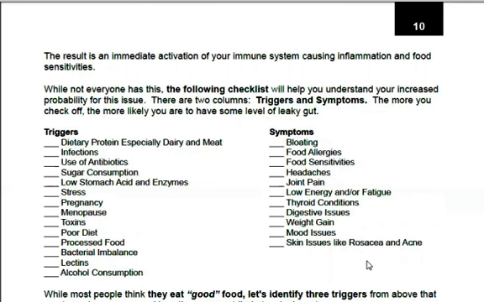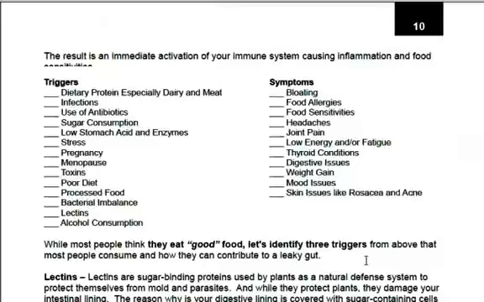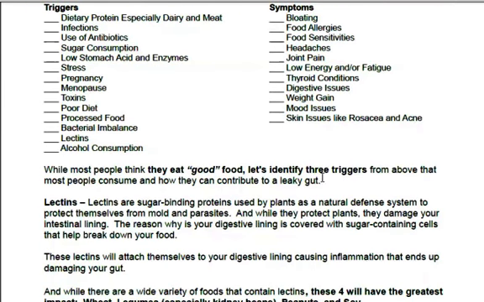that person is experiencing, because the more that is marked off, the greater the probability that they have some level of leaky gut. And so what we do is we help them understand how 3 triggers, we don't go through all the triggers, but how 3 triggers that most people consume, how they contribute to a leaky gut.